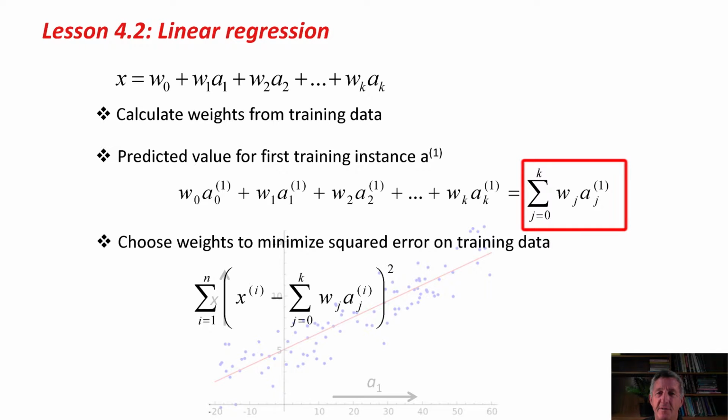Notice, by the way, that we're defining A0, the 0th attribute value, to be 1. That just makes this formula kind of work. Anyway, for the first training instance, that gives us this number x, the predicted value for the first training instance at this particular value of A1.